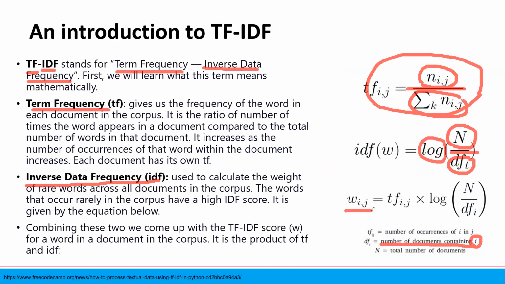And we will have the weight, the TF-IDF score W, which is the multiplication of the term frequency with the IDF. That's why we call it TF-IDF, because it is the multiplication of the TF and IDF.